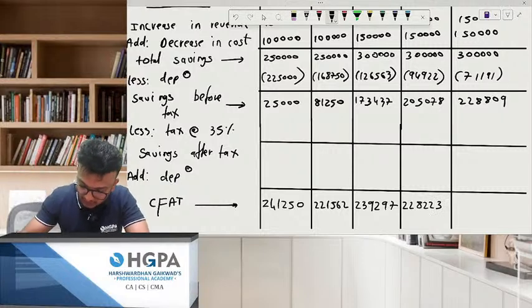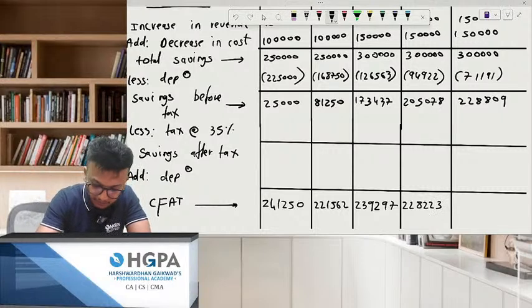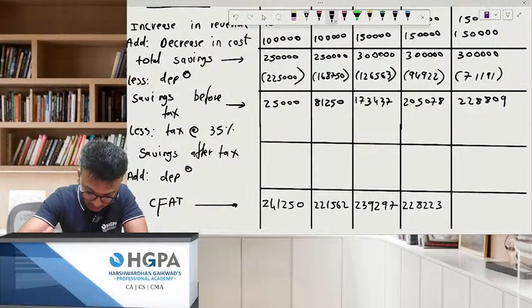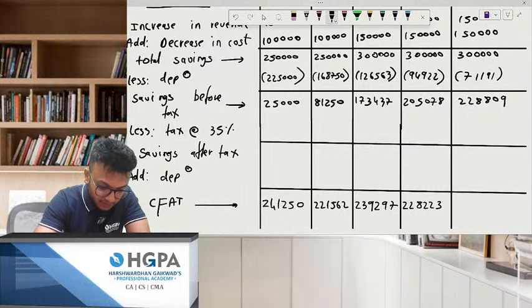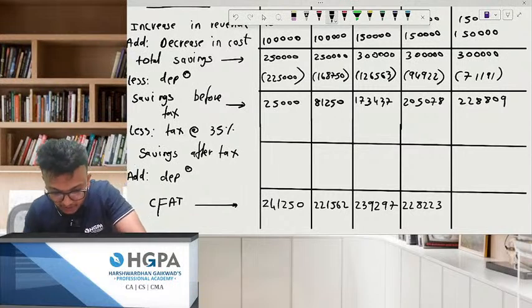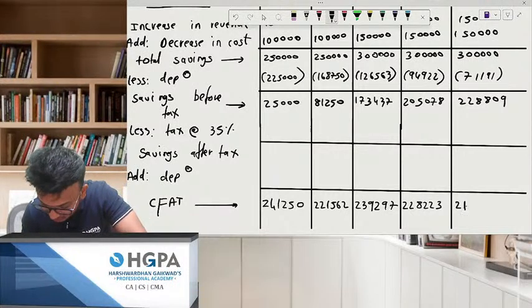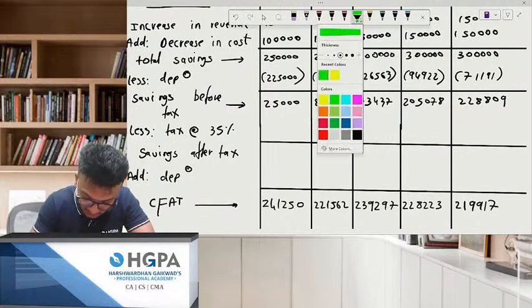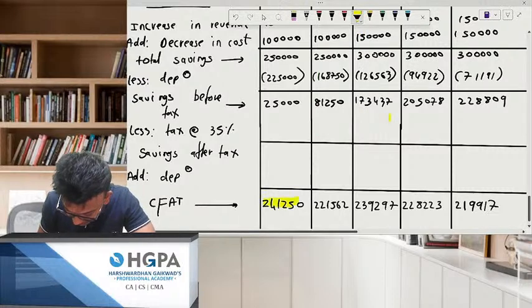And the last one I need to complete: 2,28,809 minus 35% and plus depreciation. How much depreciation? 71,191. 2,19,917 approx. These are your figures.